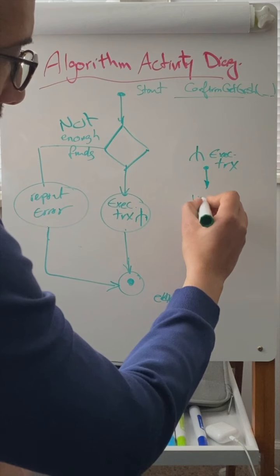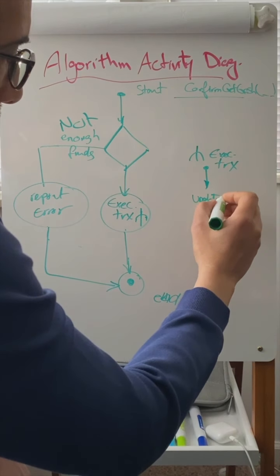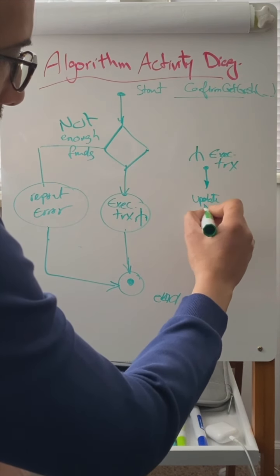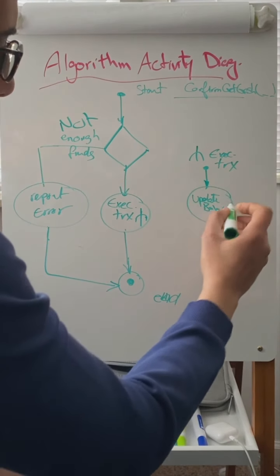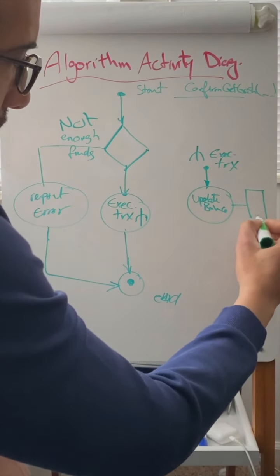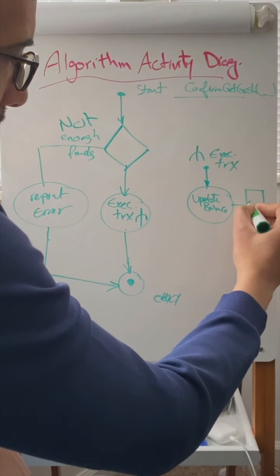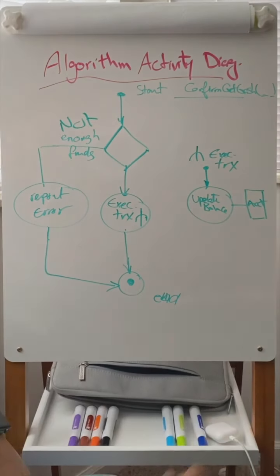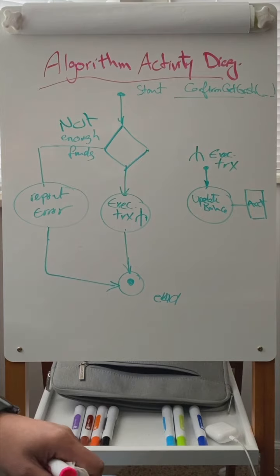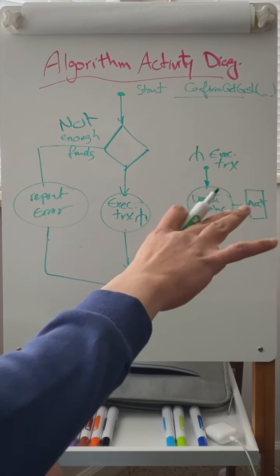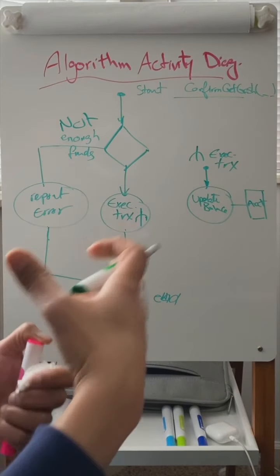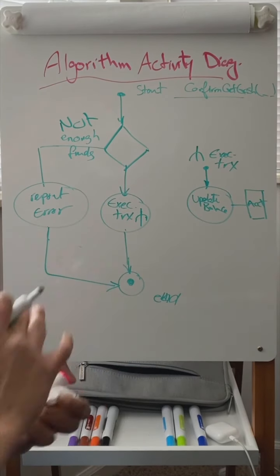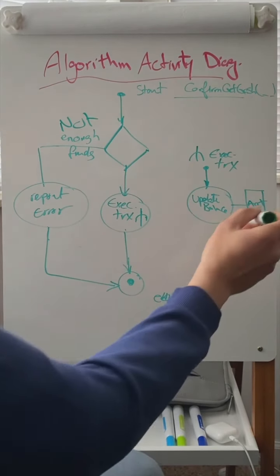Let's say I update balance, and this would have fit. So squares here means data, entities. In the domain, when we started, we did the domain to build that vocabulary, the language that we'll use to describe the system.